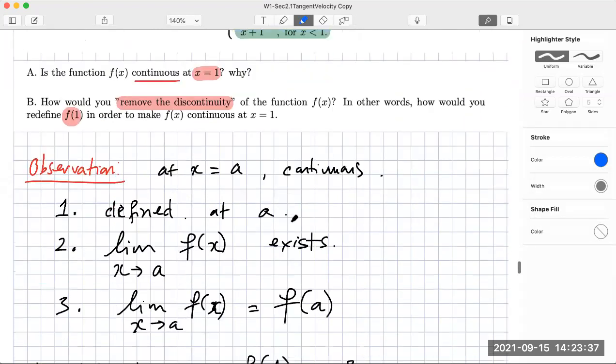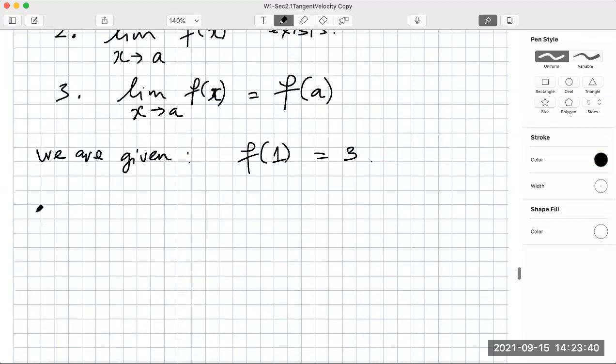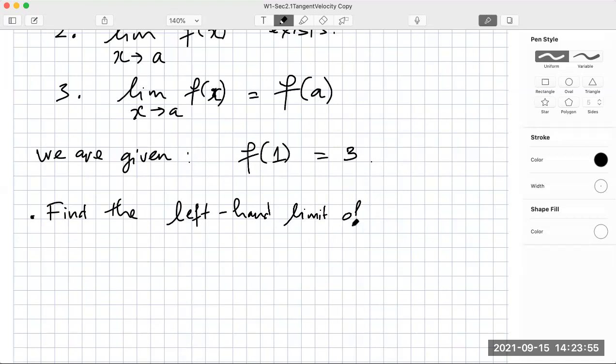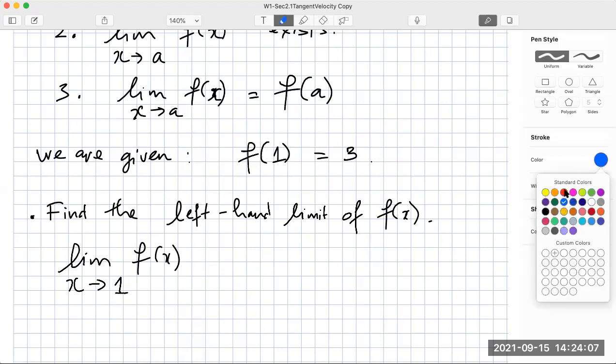Then in order to prove the limit exists, we need to compute the left-hand limit and the right-hand limit. The left-hand limit of the function f of x here, when x approaches the point 1 from the left.